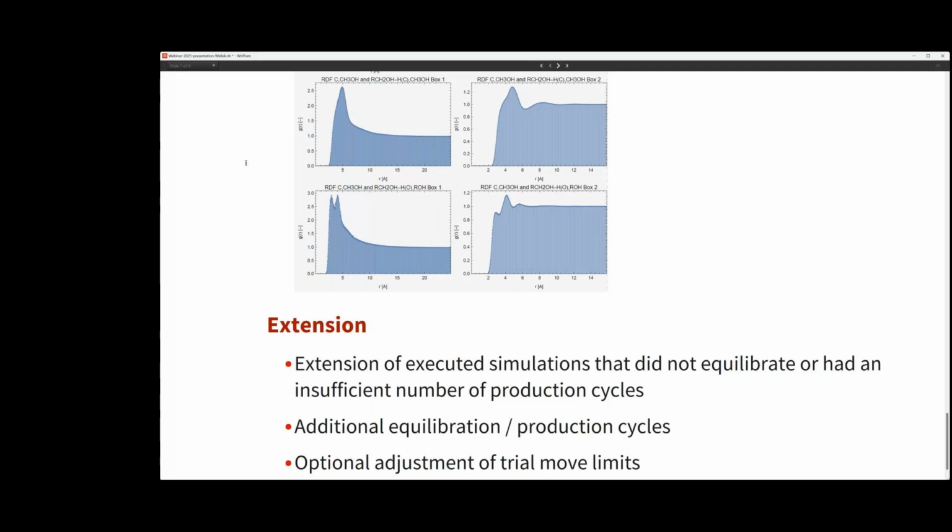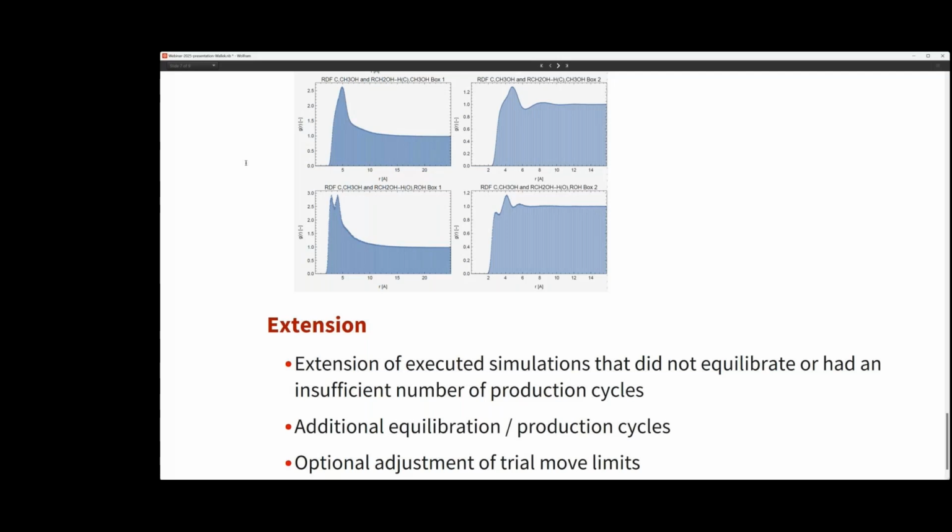So using the last of these script files, it is possible to specify additional equilibration or production cycles, as well as adjustments of the trial move limits. And this option of an extension is a great means to avoid wasting simulation time by simply recycling an existing and unsatisfactorily converged simulation and converging it.